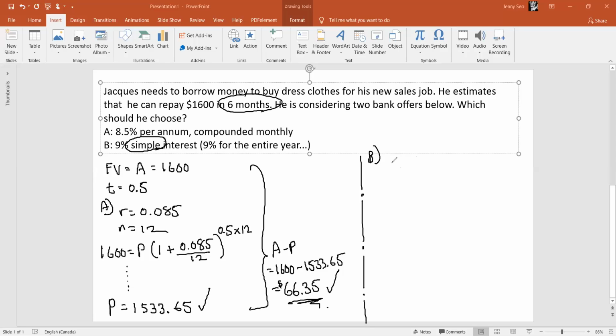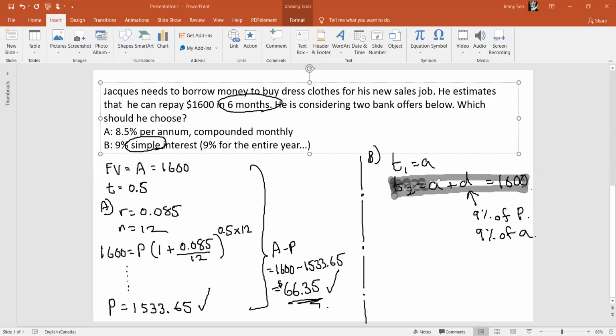If this is simple interest, remember, I start with T1, which is A, and then T2 is going to be A plus B. What is that B value? It is going to be 9% of my principal, or in this case, 9% of the A value. And T2 is going to be 1600. I'm going to use this idea right here: A plus an extra, oh, excuse me, not 9%, half of 9% is going to be 1600.